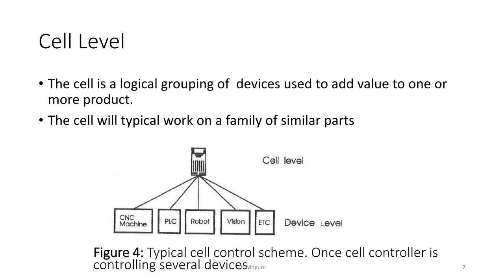That's what that statement means when they say devices do not want to communicate with each other. They just want to do their task. For example, if you look at the CNC machine, it does not want to communicate with the robot. It just wants to do its own functions as a CNC machine.